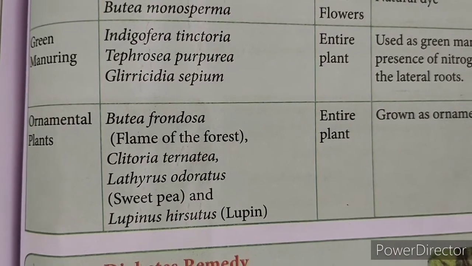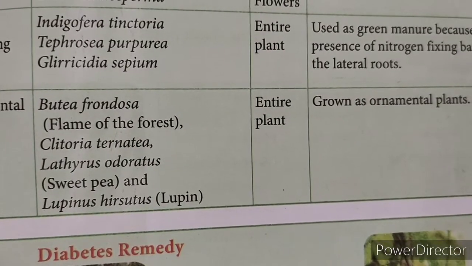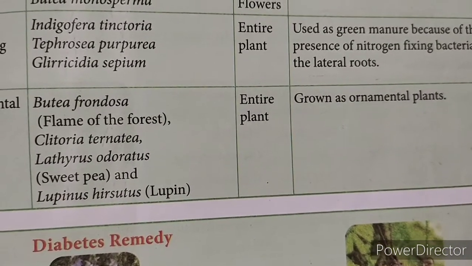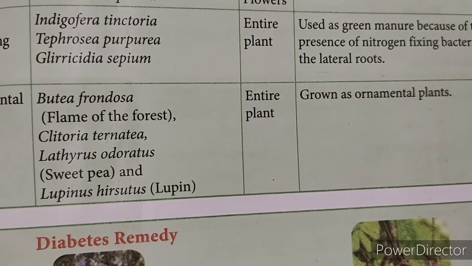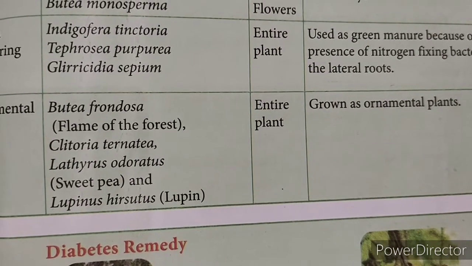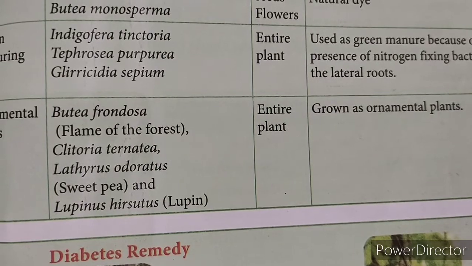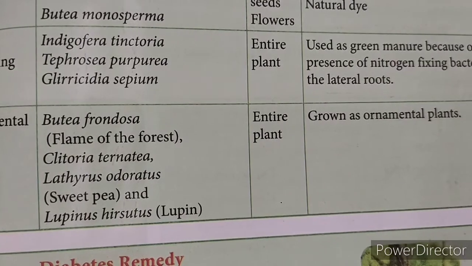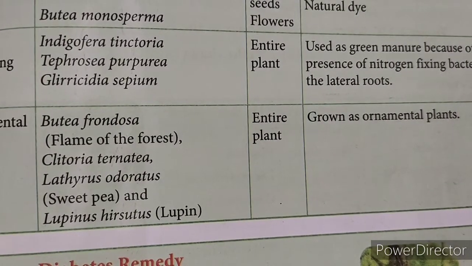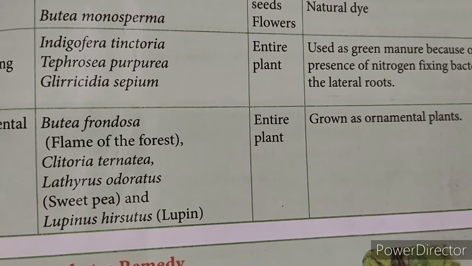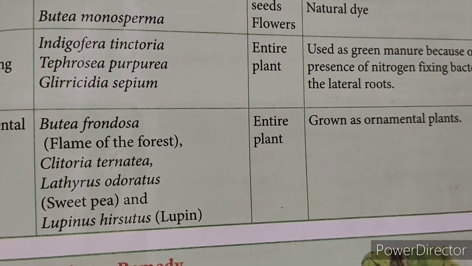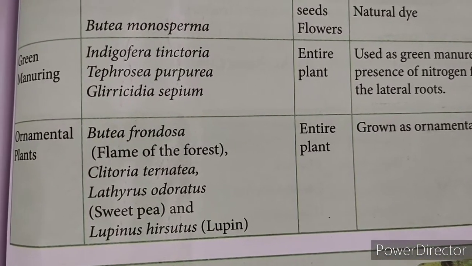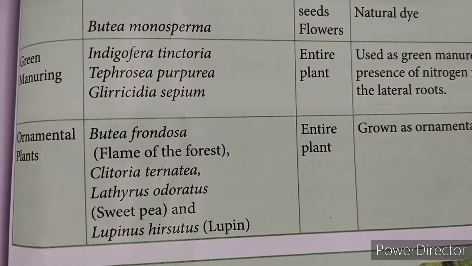All these plants are used as entire plant as a green manure, because they have nitrogen fixing bacteria present in the roots. It enriches the plant with nitrogen, and so it is a good green manure. The entire plant can be used.